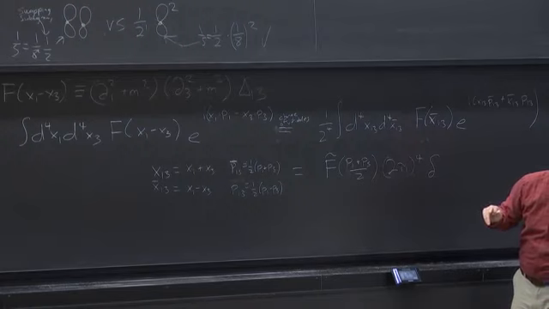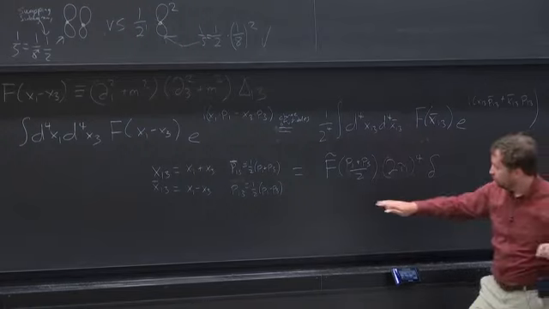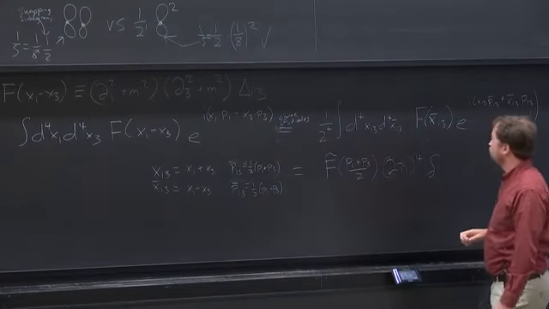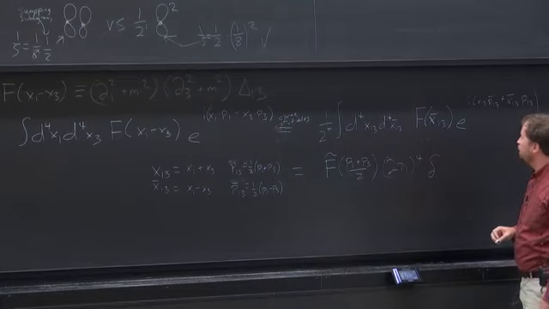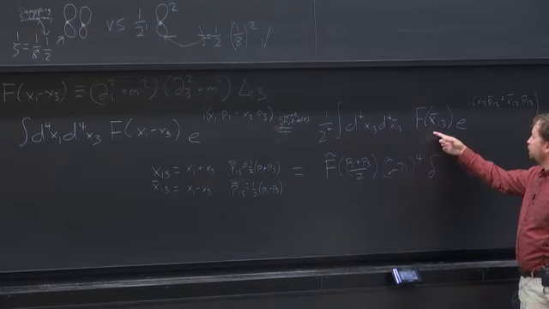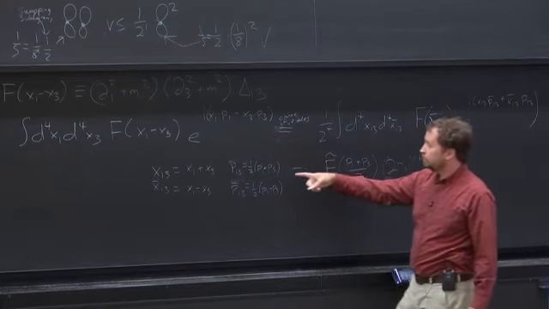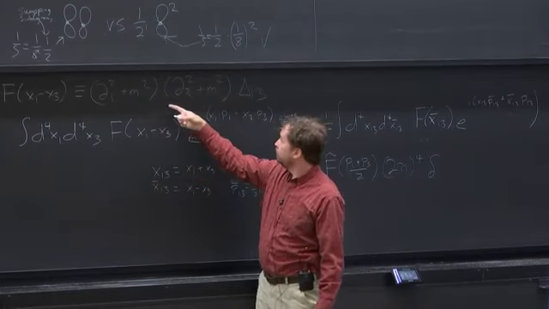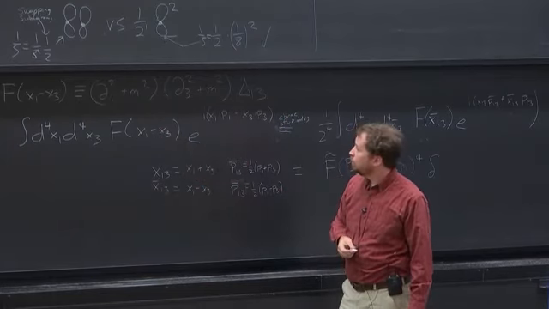Why is f only a function of x bar 13? It's x1 minus x3, wasn't it? So this f depends on x1 minus x3. Wasn't there a comma?